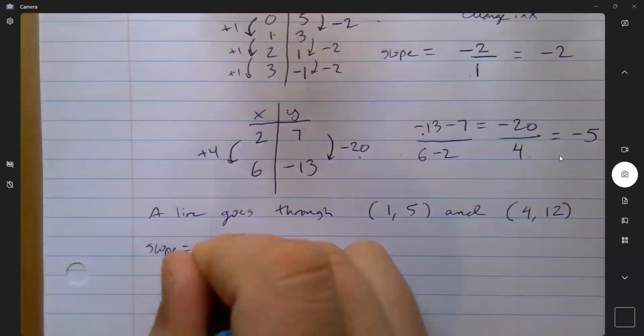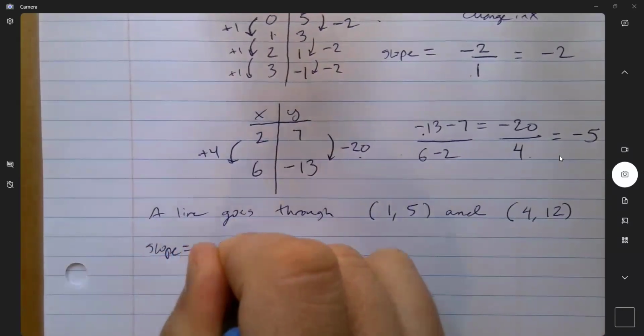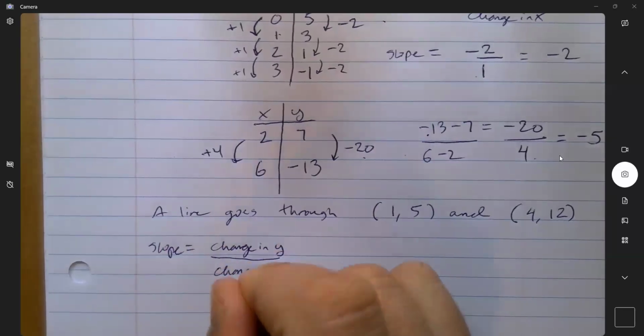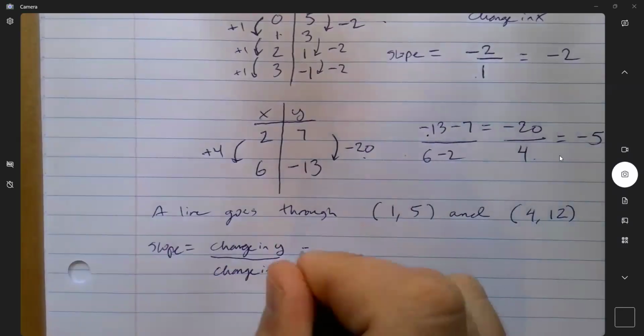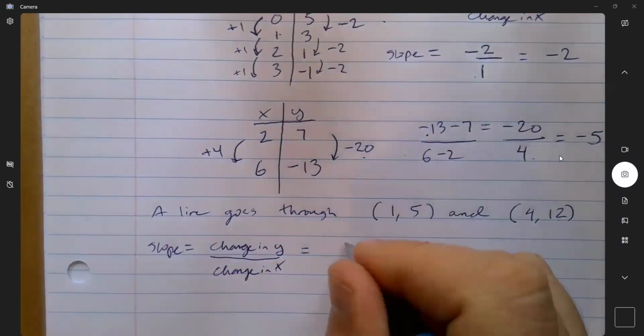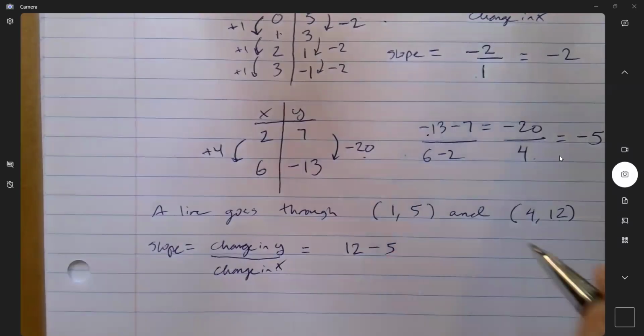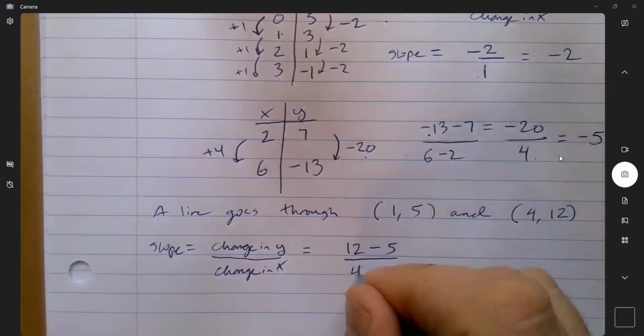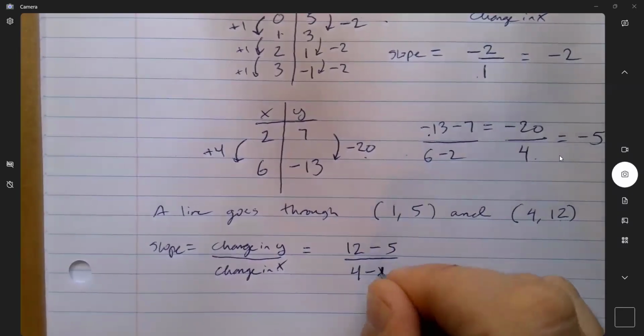The slope, which is the change in Y over the change in X. Well, the change in Y is how far it went between 12 and 5, and the change in X is how far it went between 4 and 1.